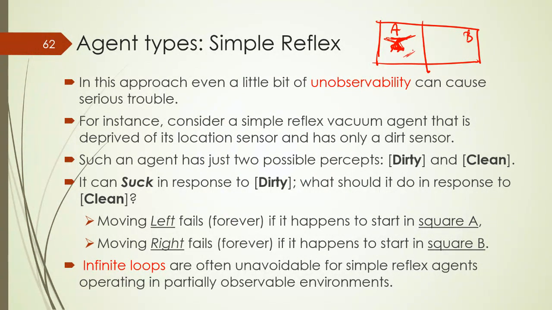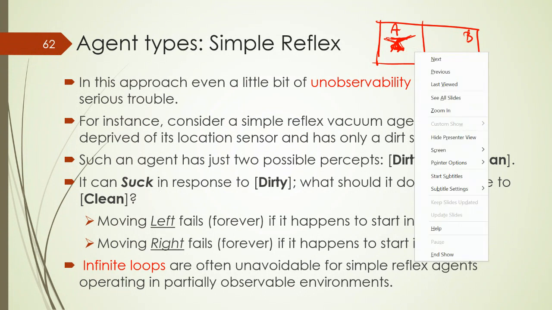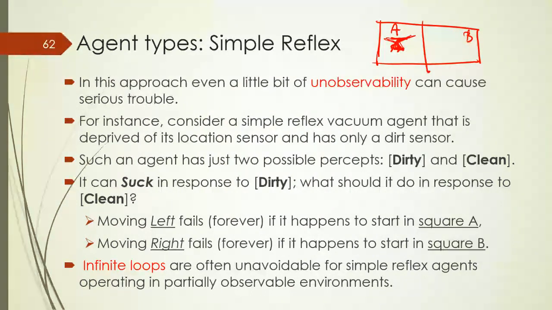So if it's dirty, everything looks okay. It sucks up that dirt and it's clean. What should it do in response to clean? If it's clean, it has to move to the other square, right? But it doesn't know which square it is. It doesn't know whether it should go left or right.